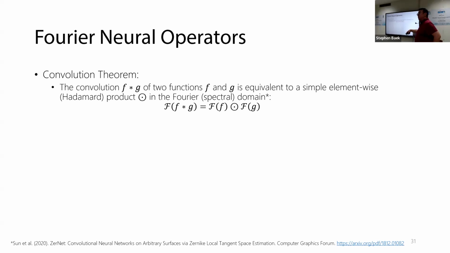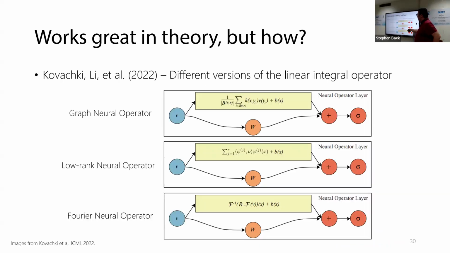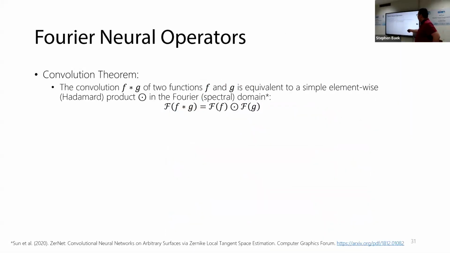We don't actually assume a particular function form. In case of graph neural operator, we use the graph to represent whatever arbitrary function might exist. So for the kernel function, we do not assume a particular function form. And for the Fourier operator, given that you have infinitely many sine waves, you can represent any arbitrary function. That is the Fourier theory.